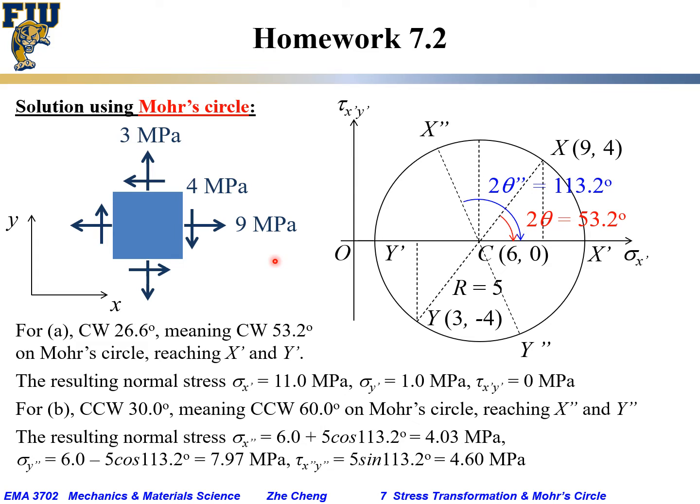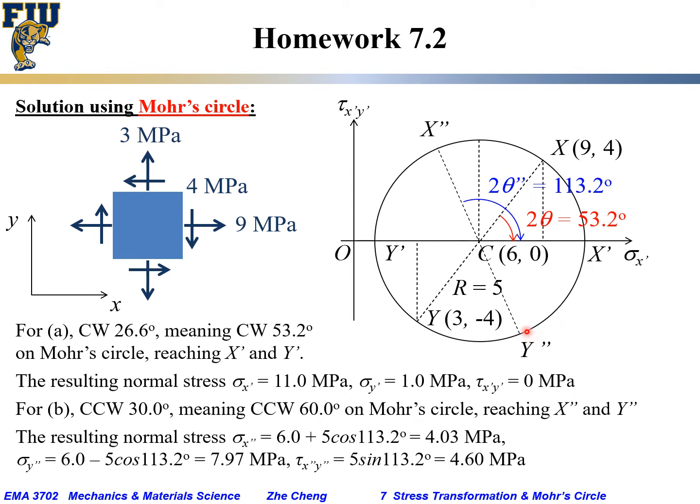Then we said the new orientation is 26.6 degrees clockwise from X. Okay, so if you rotate clockwise 26.6 degrees in real geometry, it means in Mohr's circle you rotate 26.6 times 2, which is 53.2 degrees, and you land exactly on X prime, and that X prime is exactly at the horizontal intercept, which gives us the center plus radius, which is 11.